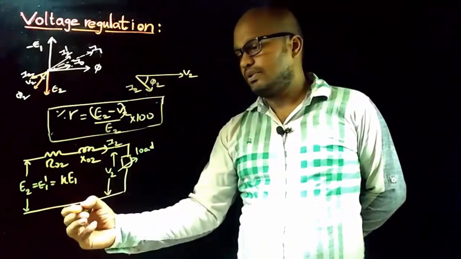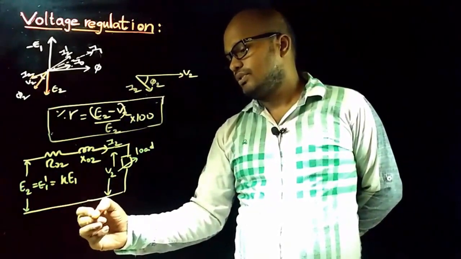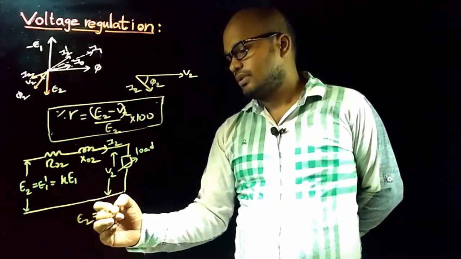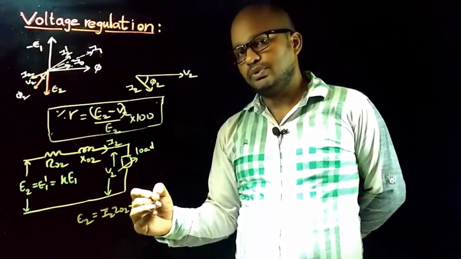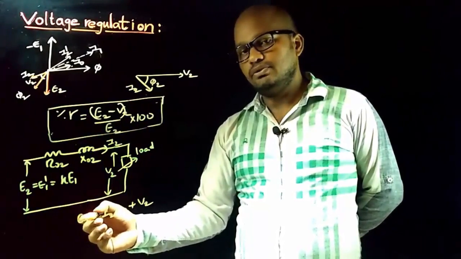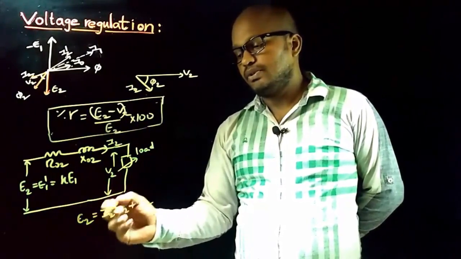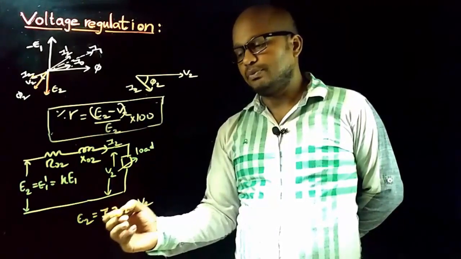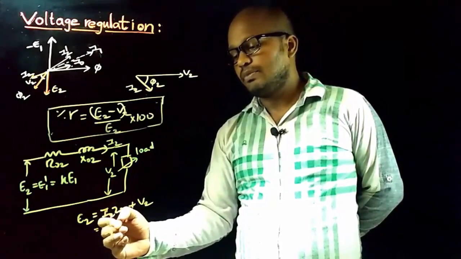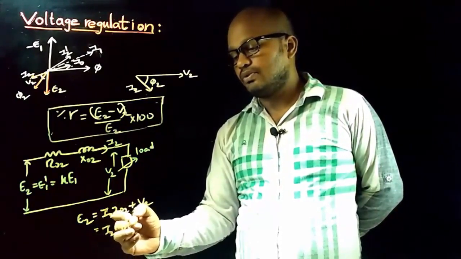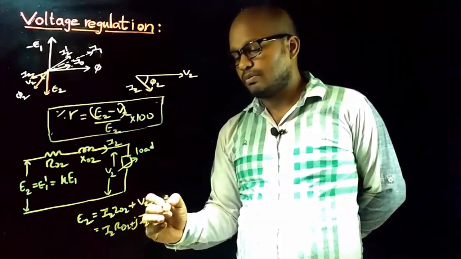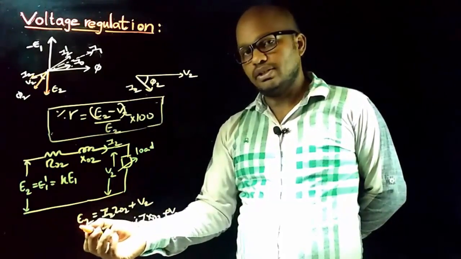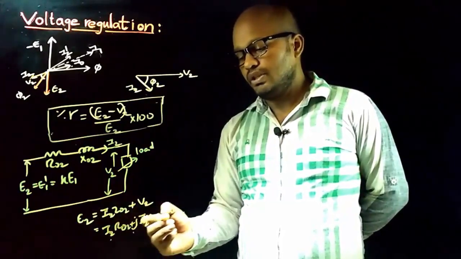From this circuit you can note that E2 is equal to I2 Z02 plus V2. To get E2 we need to add the I2 Z02 drop to V2, and the I2 Z02 drop is the I2 R02 drop plus j I2 X02 drop.